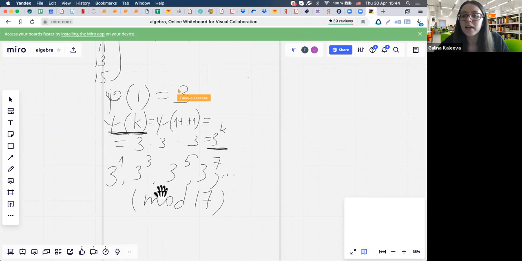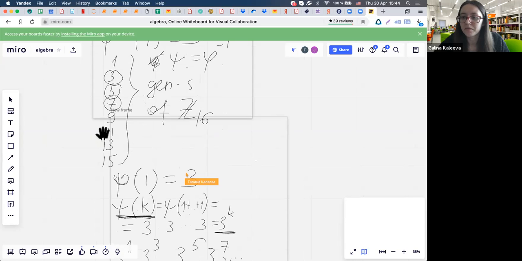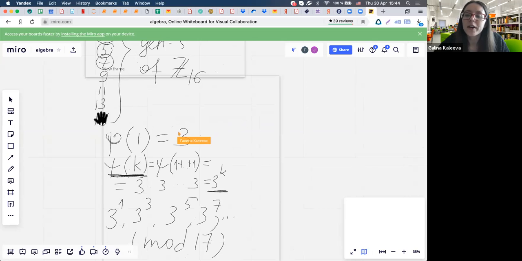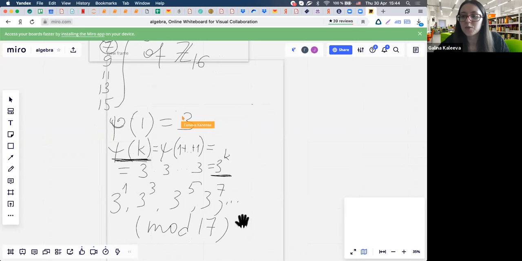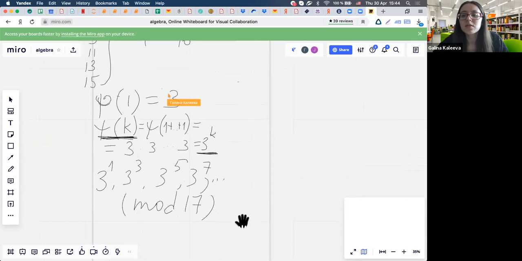So the properties of these images are the same as the properties of these elements. We only need to find the images of these elements, and automatically the order of the images will be 16. So this is the explanation. The short answer is because 2 groups are isomorphic, and in isomorphic groups, corresponding elements have the same properties.